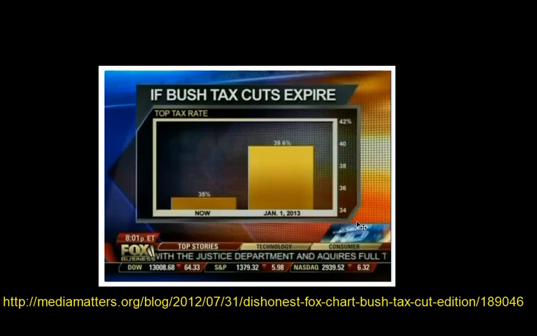Now, the reason that this is misleading is because the graph starts at 34%. That's why that difference looks so big. If you were to do any graph and start the smaller one really close down to the x-axis, then the larger one's always going to look much bigger.